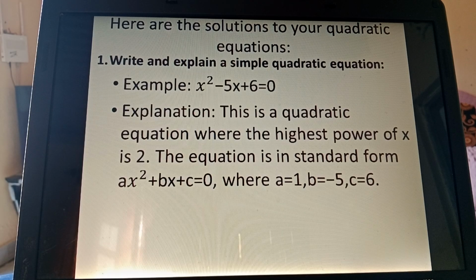Example: x squared minus 5x plus 6 is equal to 0. Explanation: this is a quadratic equation where the highest power of x is 2. The equation is in standard form ax squared plus bx plus c equals 0, where a equals 1, b equals negative 5, and c is equal to 6.